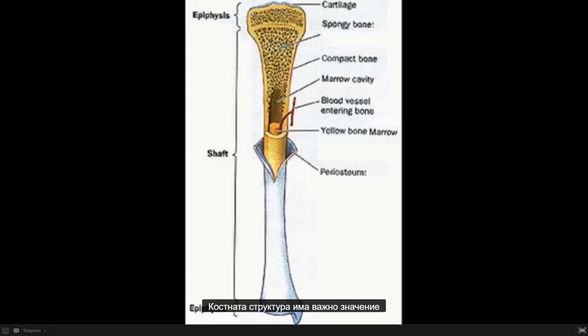So bone structure has an importance in the most important existent part that is so vital that the brain has never decided to divide itself as a gland specifically for the bones.